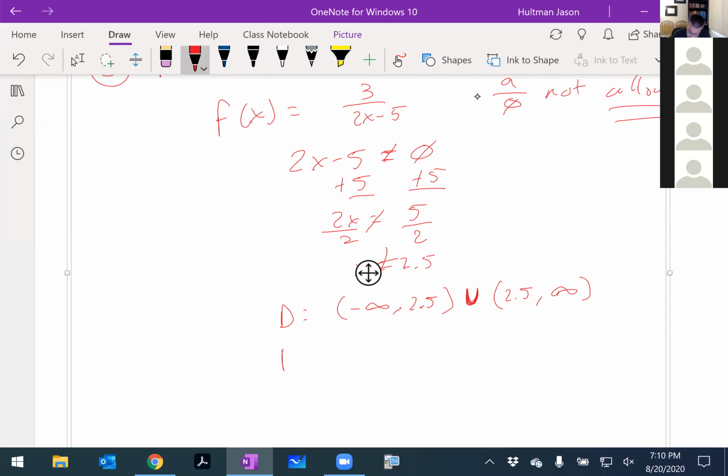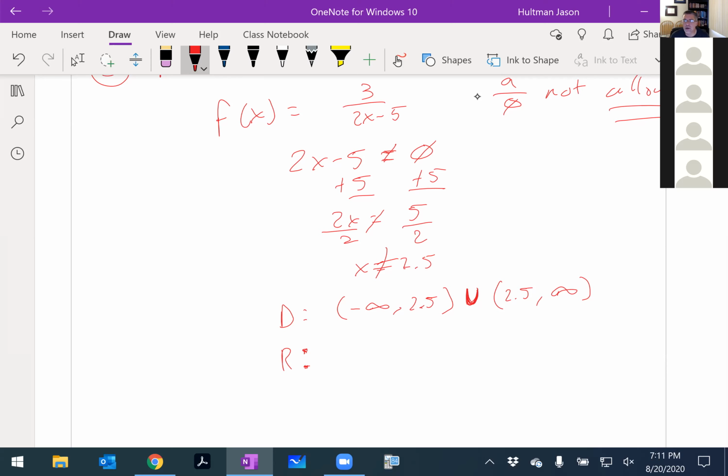Okay, what about the range? Are there any values that I can't have in the range? Any ideas? If I can't have 0 in the denominator, well, you can have imaginary numbers. We're not going to really talk anything about imaginaries in this class, so that's completely off the table.